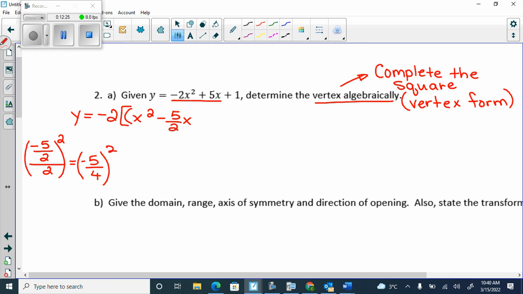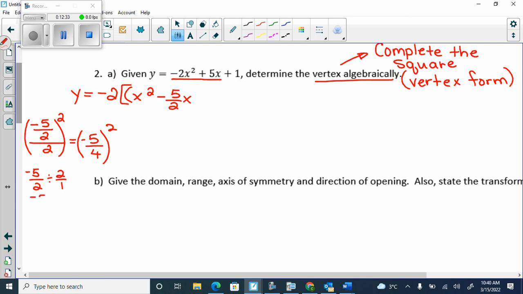Why? Because really what you're doing is negative 5 divided by 2 over 1. You can't divide by a fraction, but you can multiply by its reciprocal, which you're taught in junior high, hopefully. So we get negative 5 over 4. That's why your calculator is getting that answer, right?